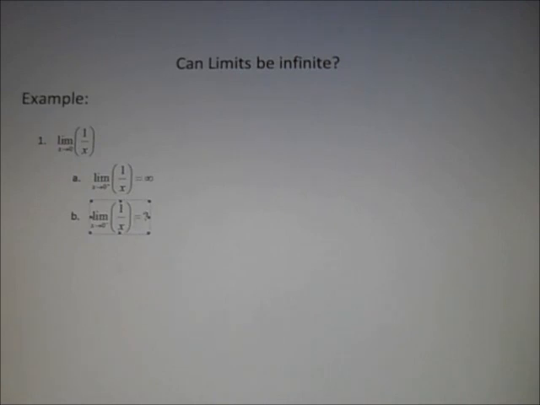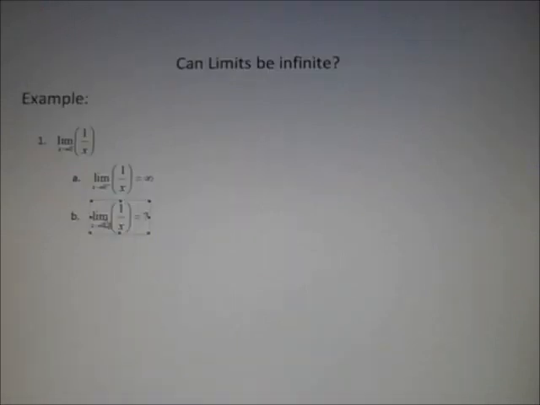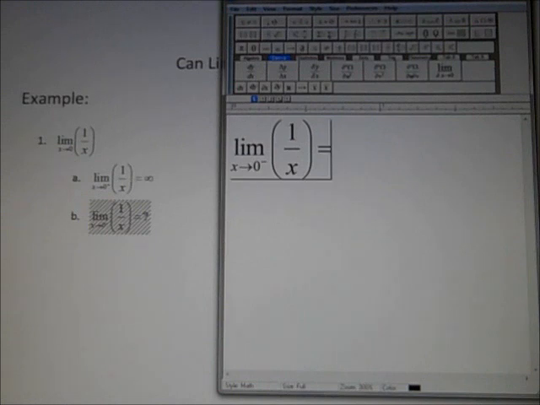Now let's see what happens for the left hand side. Here's 0. What's happening to my y values as I approach 0 from the left? Here's my curve to the left of 0. If I travel closer and closer to 0, you see it continues going down forever. So we say that goes to negative infinity.